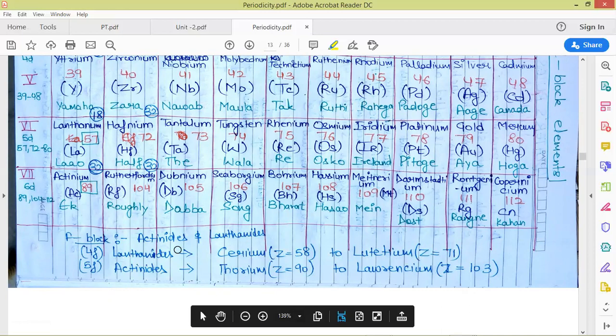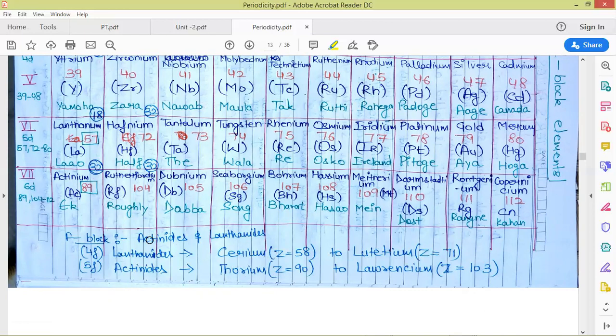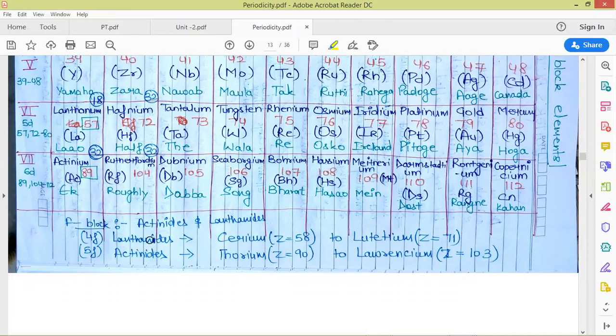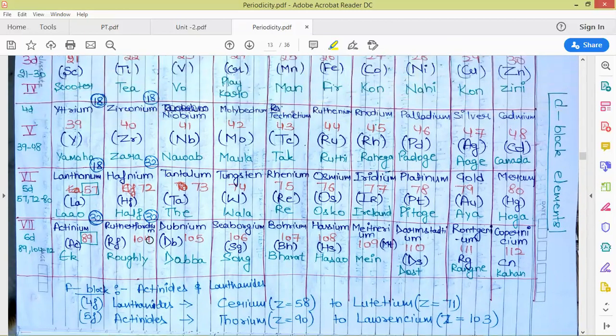So at this point for BSc first year, first semester, this knowledge is sufficient for F block. In your second year, that is your 4th semester, we will be doing details about F block and learning about the mnemonics for F block. So that is it for this lecture.